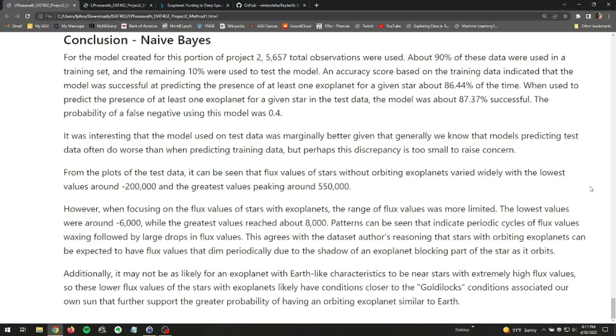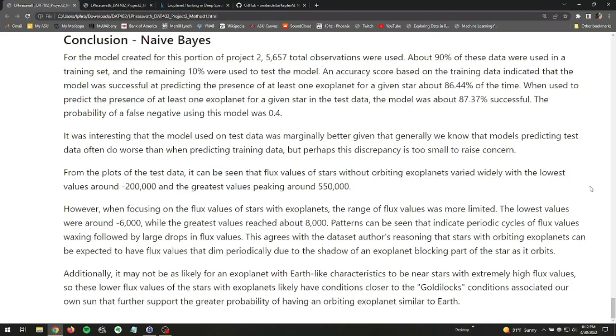And this agrees with the dataset's author, who said that stars with orbiting exoplanets could be expected to have flux values that dim periodically due to the shadow of the exoplanet blocking part of the star as it orbits around, at least from our satellite's point of view.